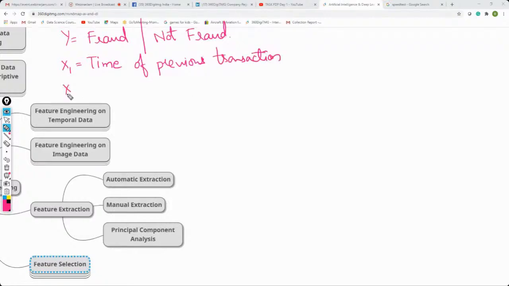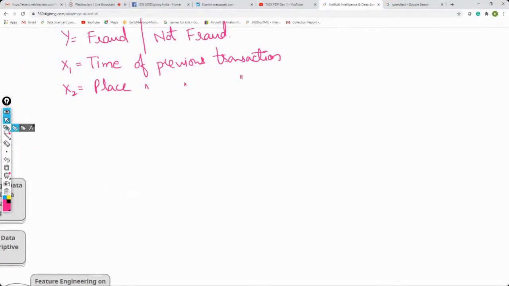Then you have place of previous transaction. Then, say, a third input, which is time of current transaction. And you have place of current transaction. Say you have 4 inputs.